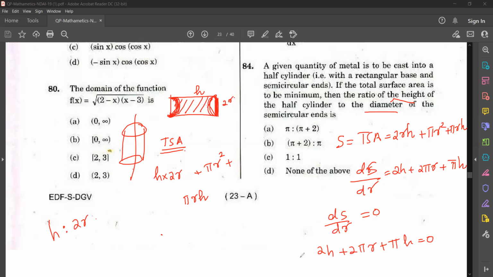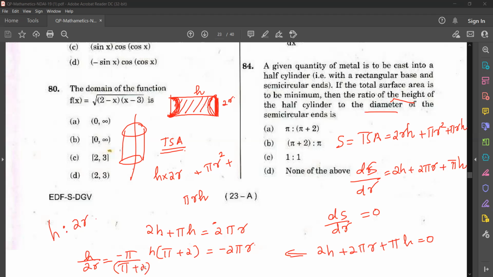So I'm just writing the remaining portion here. 2h plus pi h is equal to minus 2 pi r. If I take h common, h times pi plus 2 is equal to minus 2 pi r. So h by 2r, bringing this 2r to this side, will be minus pi by pi plus 2, isn't it?